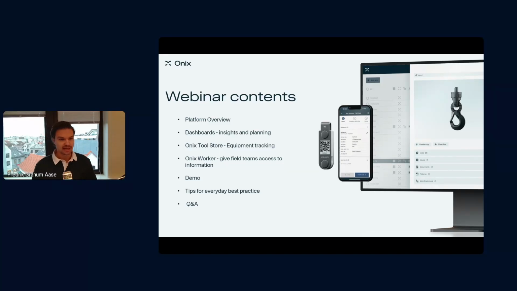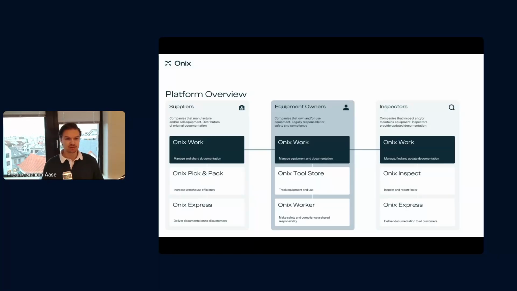Okay, let's start by looking at the platform overview. Onix is unique in its way of sharing equipment data with your partners. As you probably already know, you can create connections with your suppliers and inspectors, and they don't have to manually fill out equipment over and over again, because you simply share it with your partners.